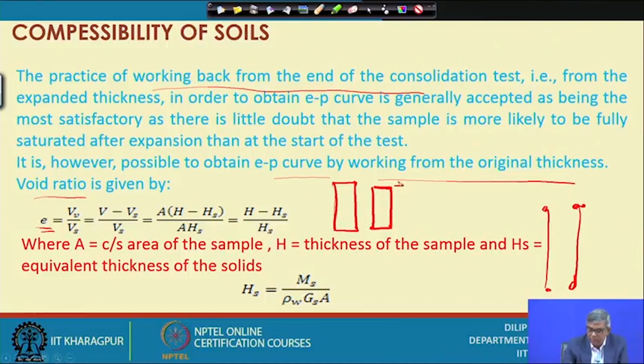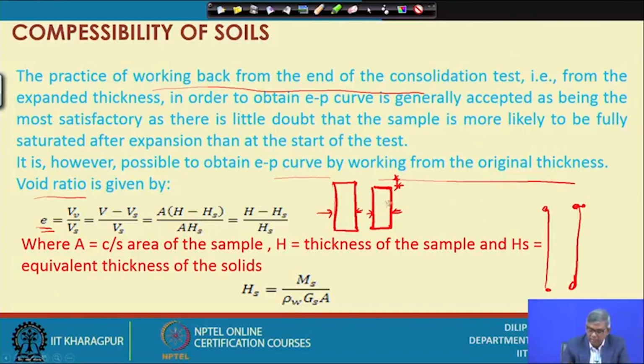This much compression took place and the thickness changes, but the cross sectional area is kept constant. In that case, (V minus Vs) by Vs: A times H is the total volume, and A times Hs is the solid volume.